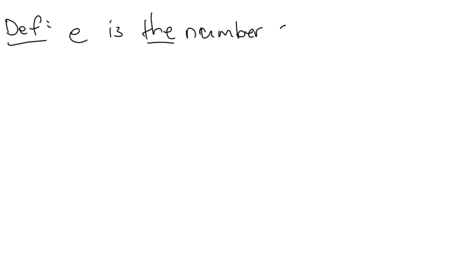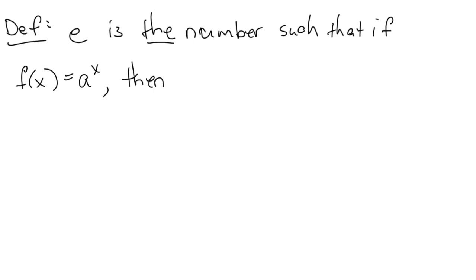So this is actually a valid definition of e. e is the number such that if we set f of x equal a to the x, then f prime of 0 equals 1.